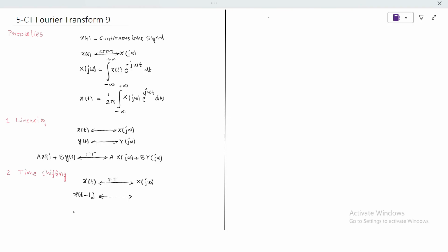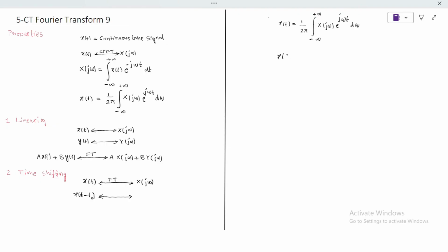Here I am writing: x of t equal to 1 by 2 pi times the integral from minus infinity to plus infinity of x of j omega into e power j omega t into d omega.